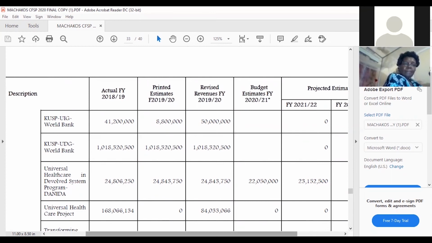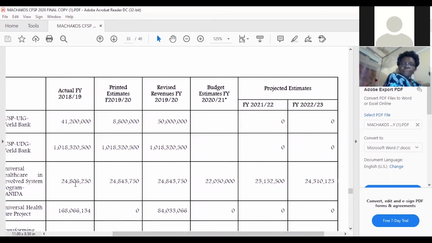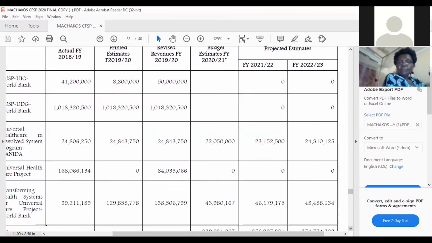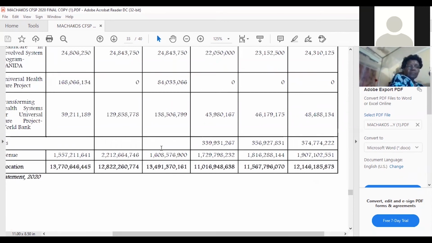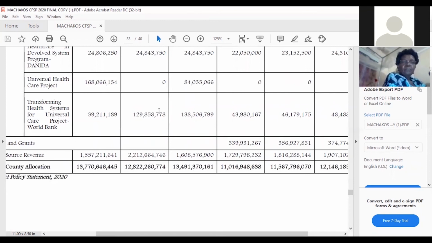And then for Universal Health Program, at least we can see that they have given for devolved system from Danida. They have given us how much is going to be given, and also for the next 2 years. And also the Transforming Health Systems project from the World Bank. So those ones, they have given them money.